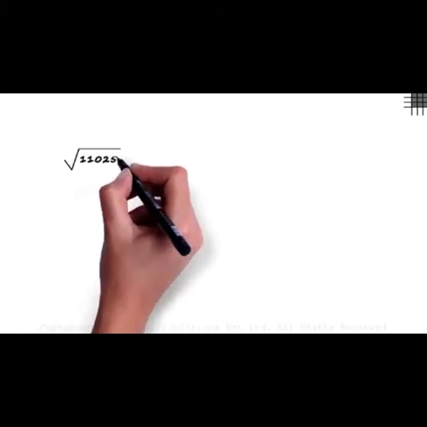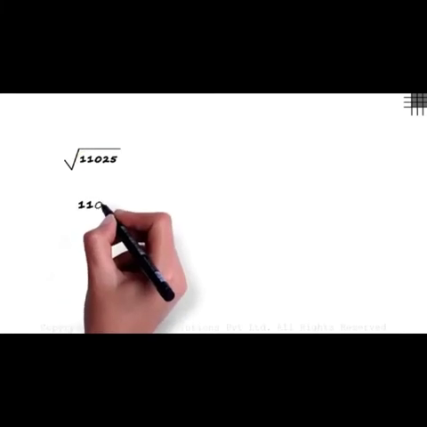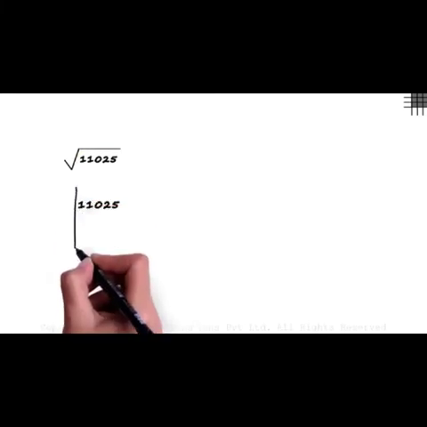Next we are going to find the square root of 11,025. First we are going to find the square root of 11,025 by the prime factorization method. 11,025 divided by 5. We can divide it by 3, 5, 7.